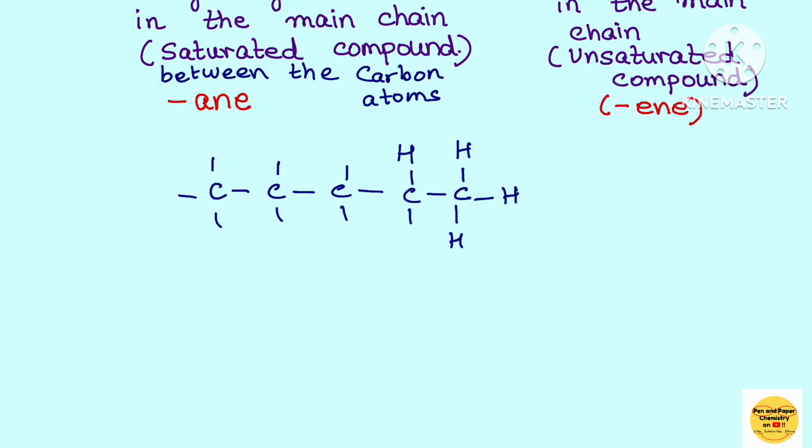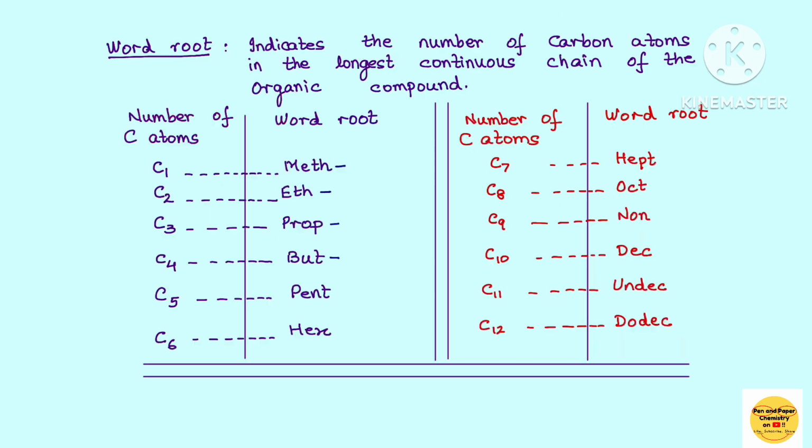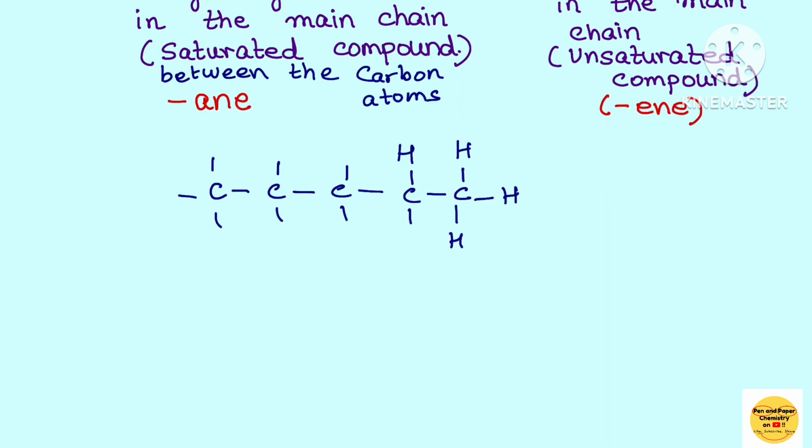Now, let us combine our learning in the previous slide where we talked about the word root and what we have learned so far. Look at the number of carbon atoms in this chain. 1, 2, 3, 4, 5. So 5 carbon atoms. Can you tell me the word root? Well done. So it's pent.